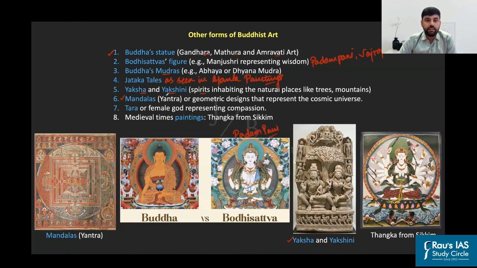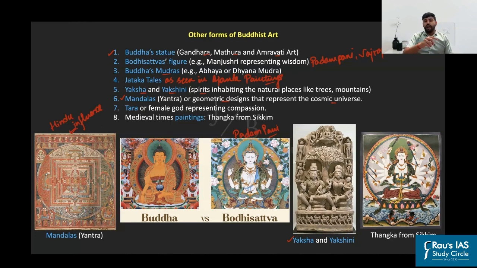Then you have mandals or yantra. As you can see in the first image, this is yantra or mandal. This shows Hindu influence. Right? These are the geometric designs that represent the cosmic universe. Do you see this? This is Doctor Strange from Marvel, right? I don't know how many of you are Marvel fans or whatever.